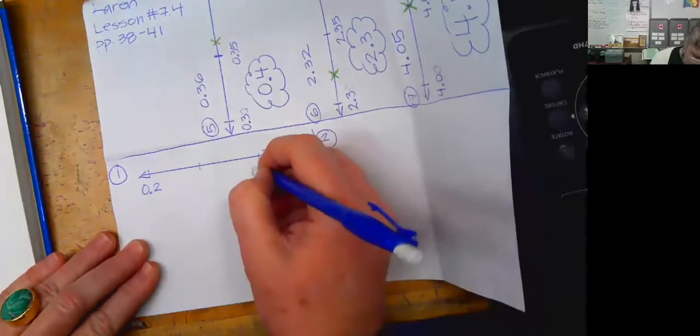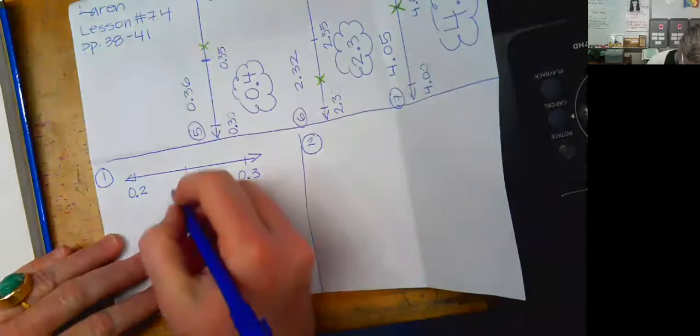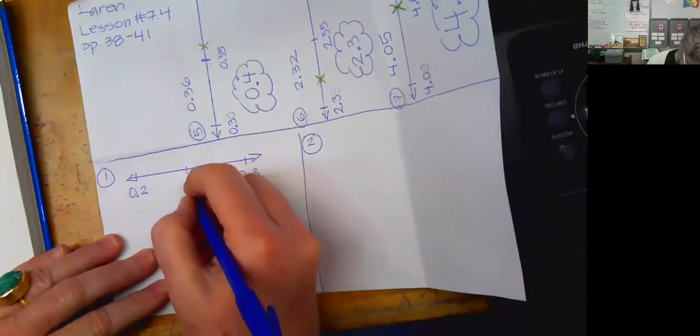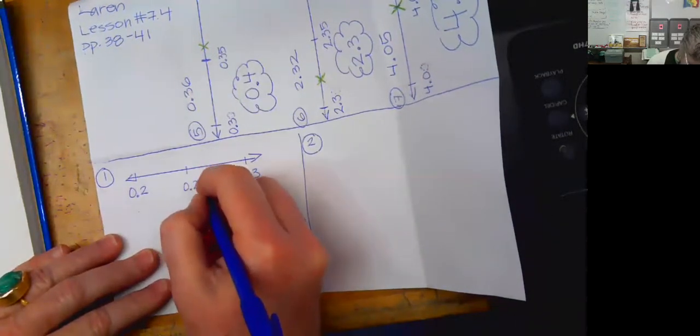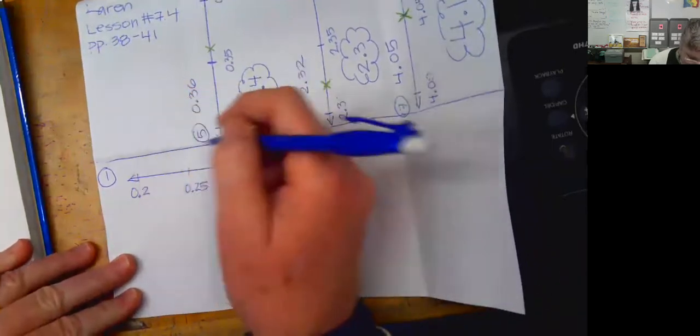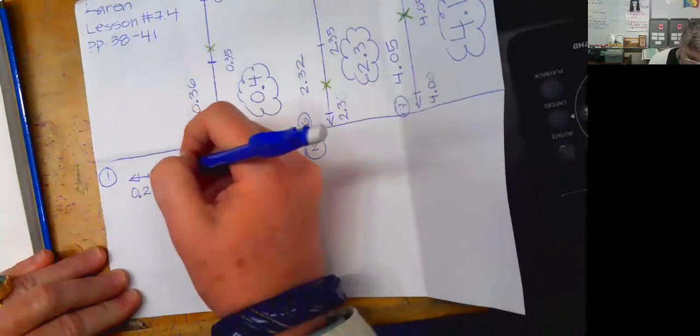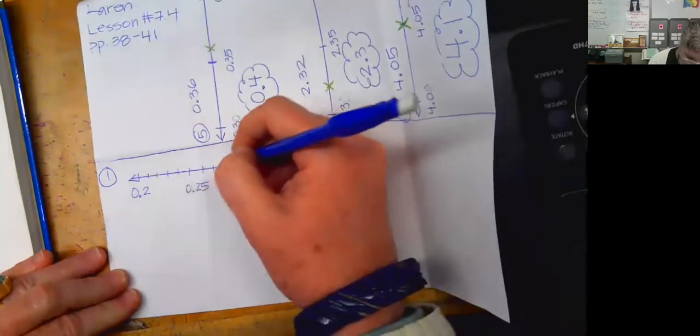This says 3/10. And I'm going to draw the points in. I was lazy before and I didn't draw all the little spikes. 1, 2, 3, 4. 1, 2, 3, 4.